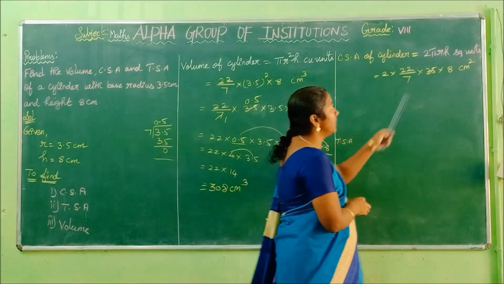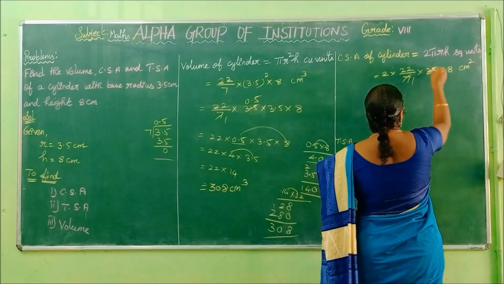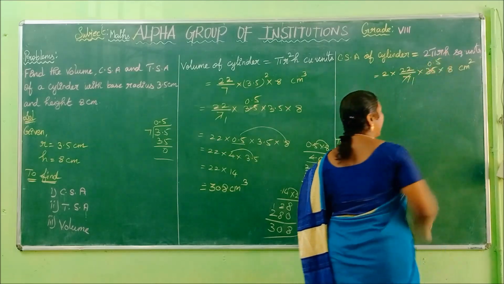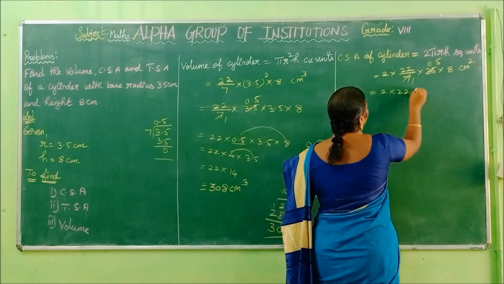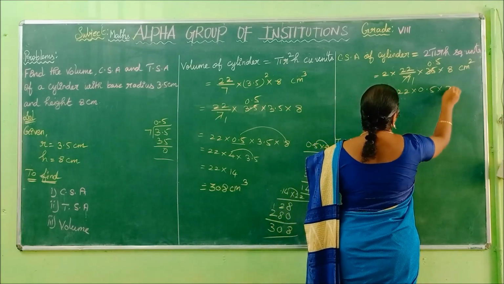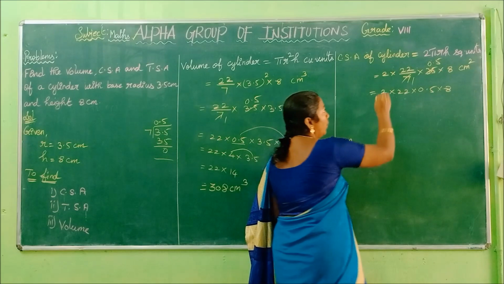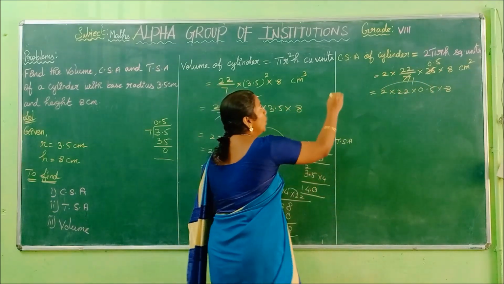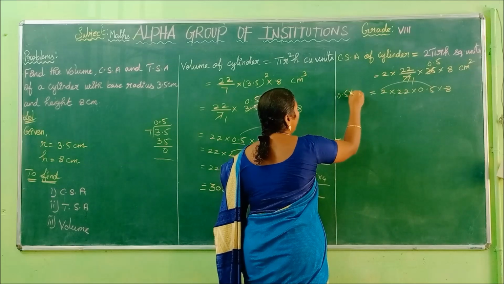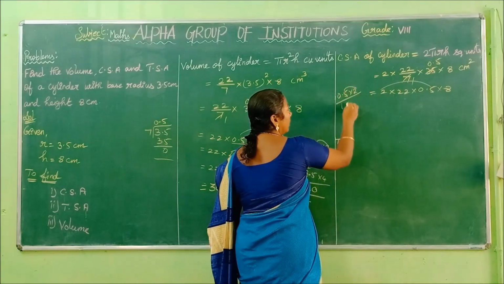Now we are going to cancel this 3.5 by 7. 1 time, 0.5 time. Do you understand, children? So what are the remaining values? 2 into 22 into 0.5 into 8. Now I am going to combine these two values. 0.5 into 2. If you multiply 0.5 by 2, 5 2s are 10.